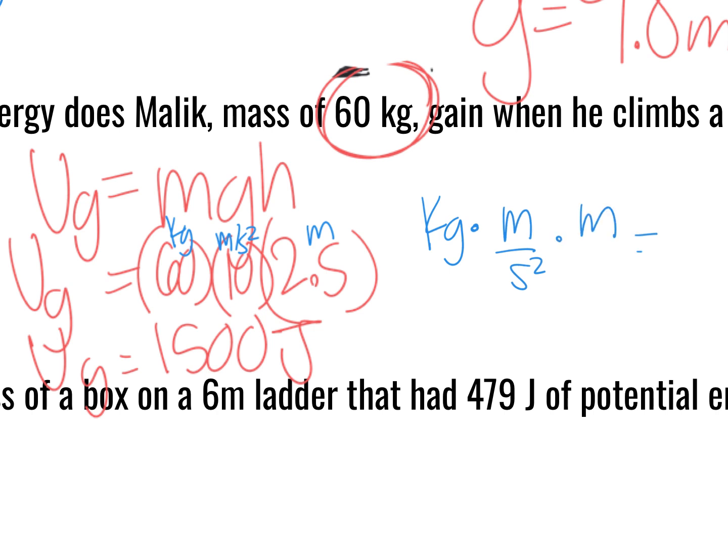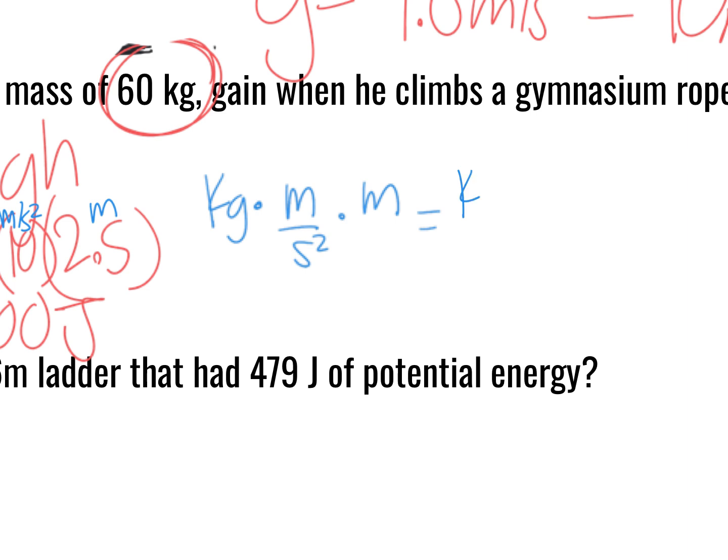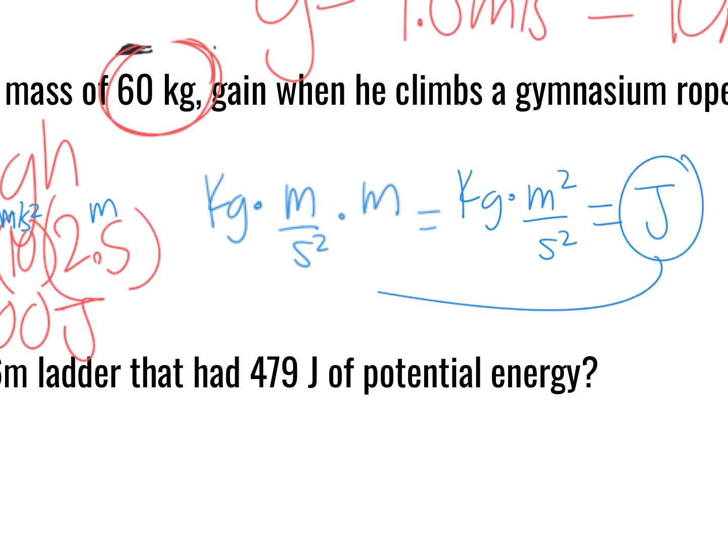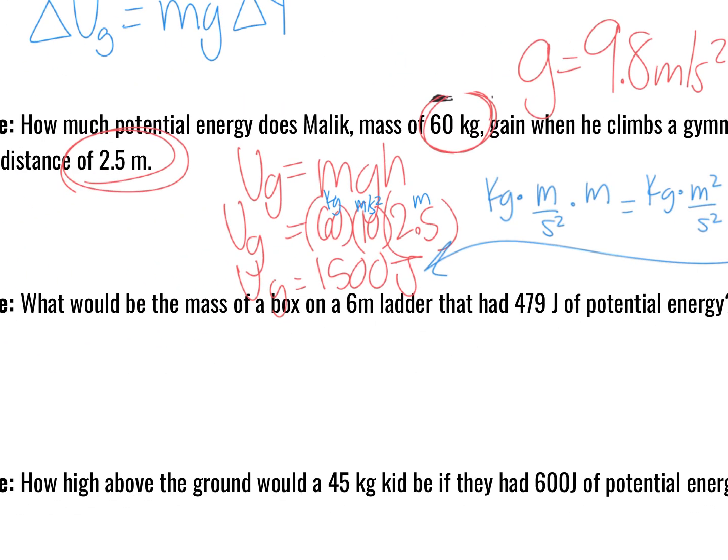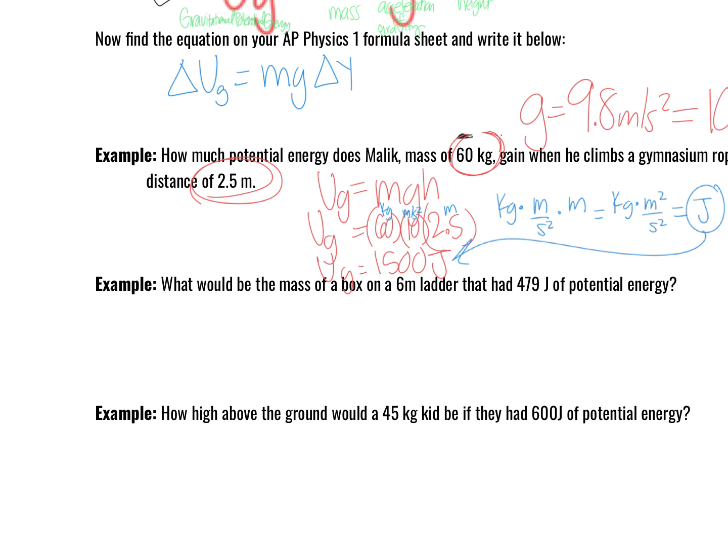Meter times meter makes it a kilogram times meter squared over second squared. And we learned earlier in the first video that that is the same thing as a joule. So that's where your units are coming from here. And as long as you always make sure and use the right units when you're starting your equation, then whatever you get out, they'll all match up the right way. So make sure that our units are where they're supposed to be.